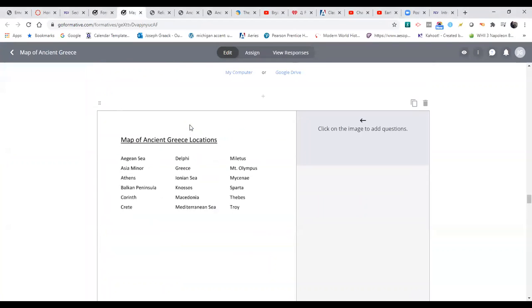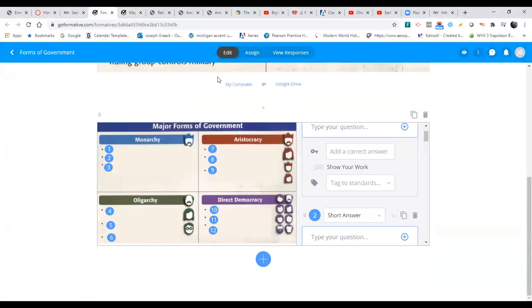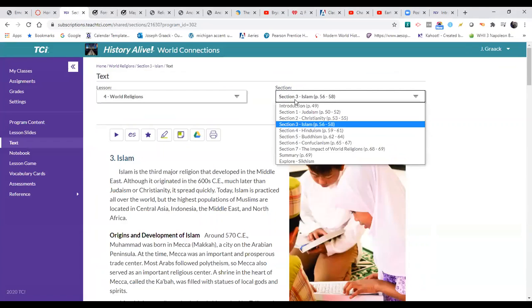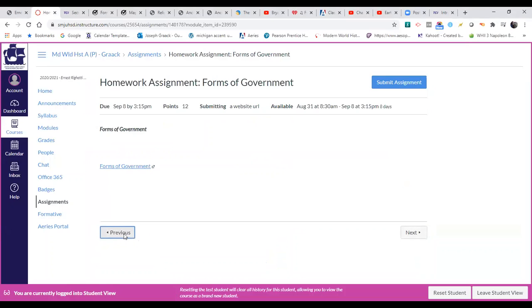Go Formative is going to have your map of ancient Greece. You should do that with your remaining 37 minutes. Forms of government and your TCI, all from here, right? And this is in your module, will be what you are required to do.